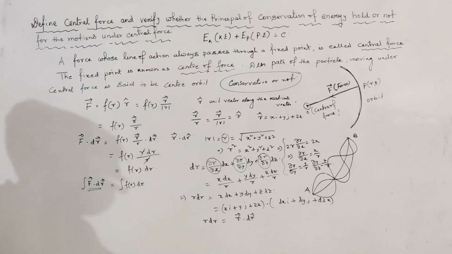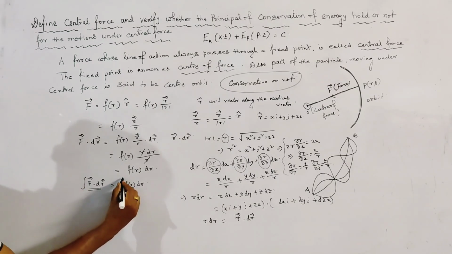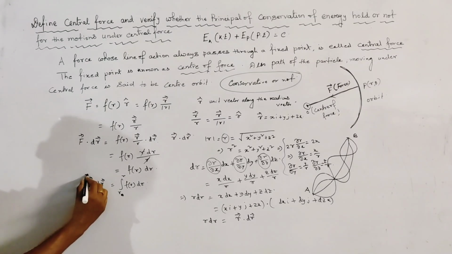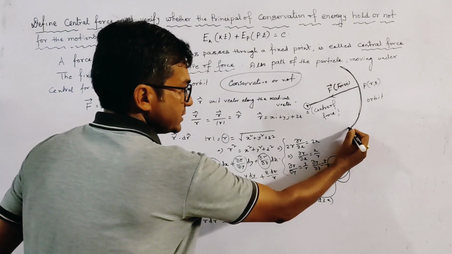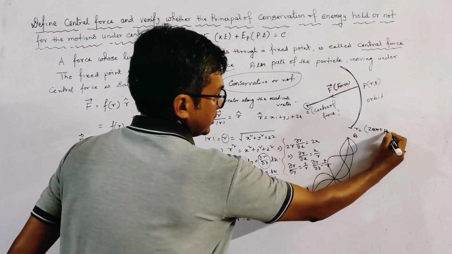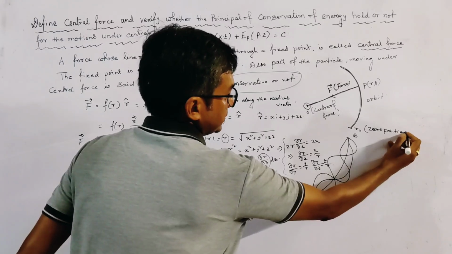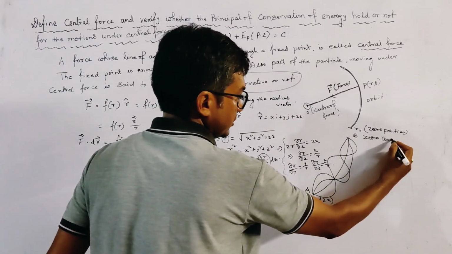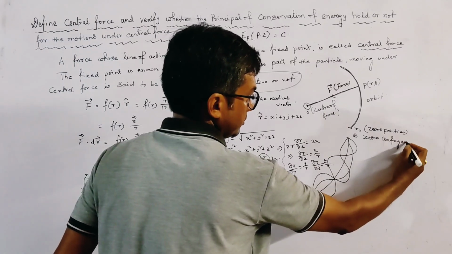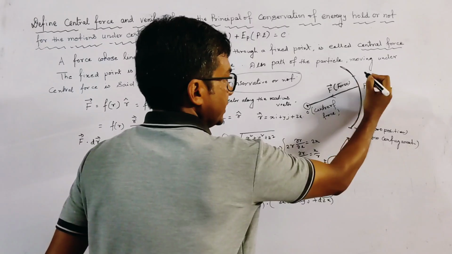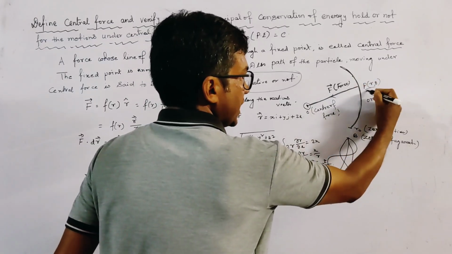In this integration, if we take the range of the integration as r0 to any point r, let this point r0 be the zero position, or zero configuration, and this is any position P, this is r.